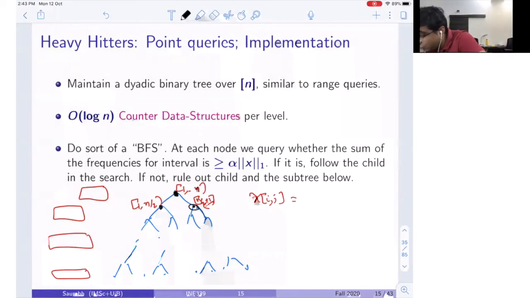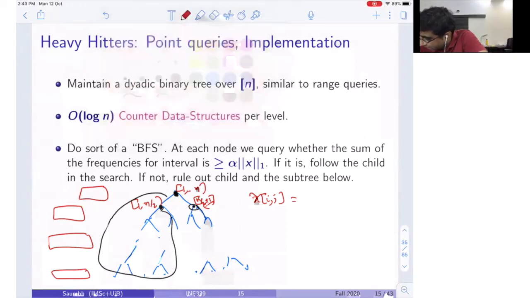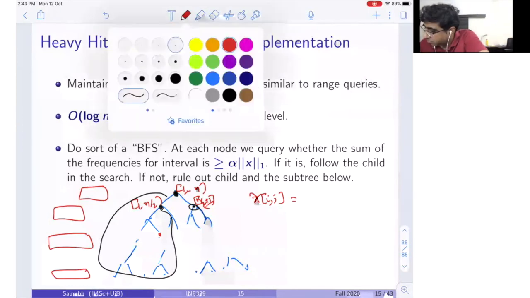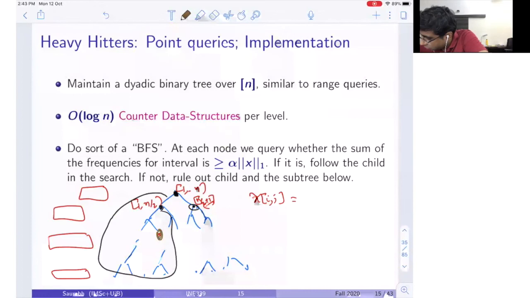But look, these are disjoint intervals. So if both of the frequencies of these nodes are more than this threshold, then there is a possibility of having some heavy hitter here and some heavy hitter here. But suppose at this point I get a no. What is the meaning? What was it storing?